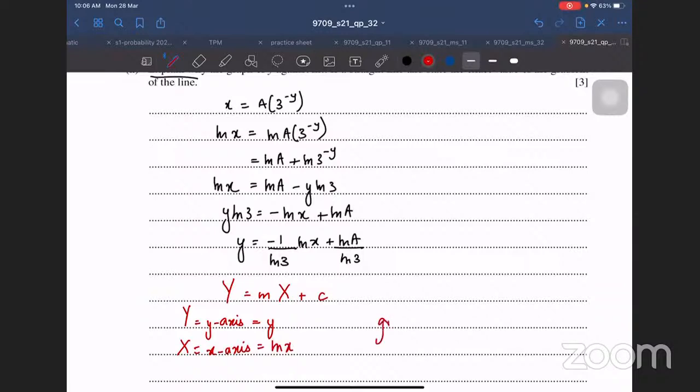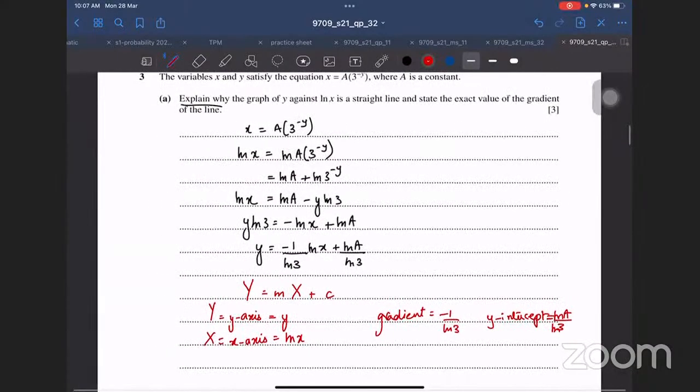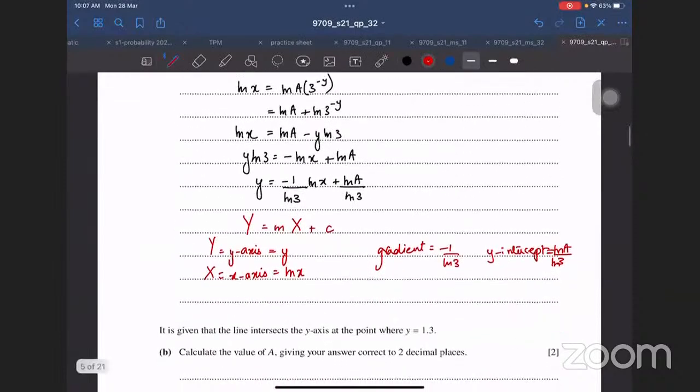The gradient then is minus 1 over ln 3, and the y-intercept is ln a over ln 3. Okay, that is the question on linear law.